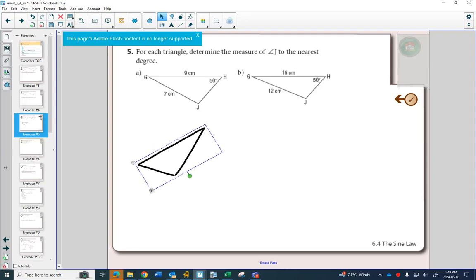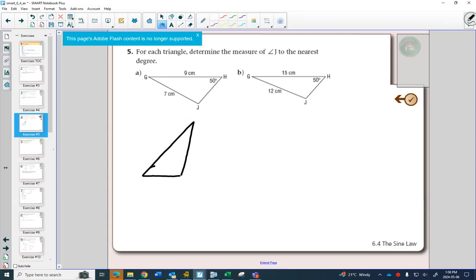Oh, there we go. This was harder to do in my head than probably just redrawing it. But I want to redraw the 50 degrees there, the 9 here, and the 7 there. So it matches how we did things. How we did things is we had this line extend forever.